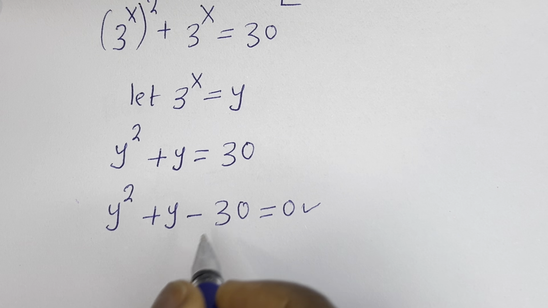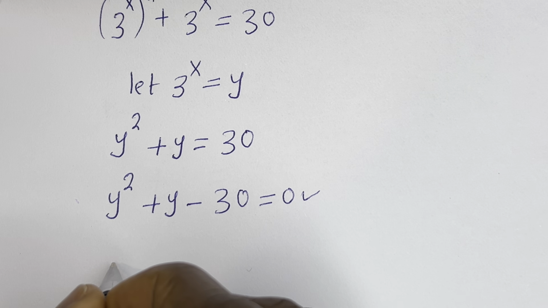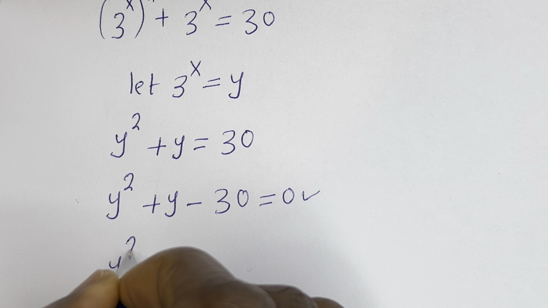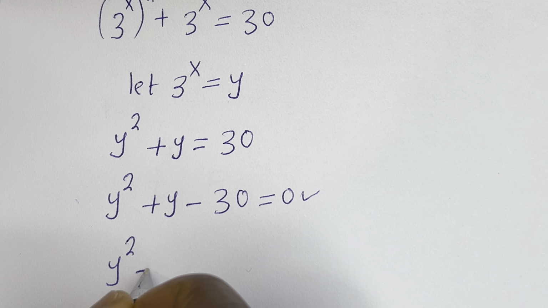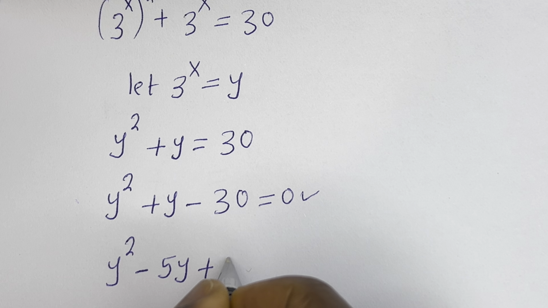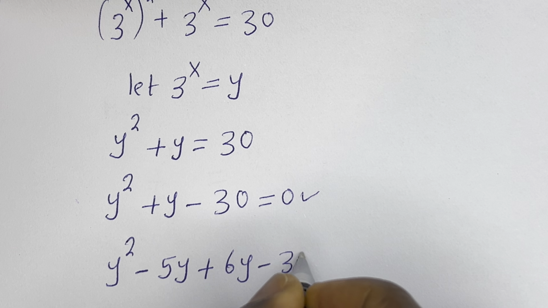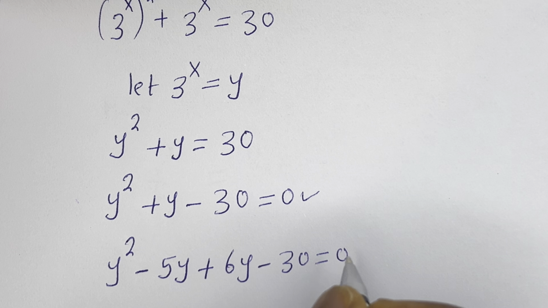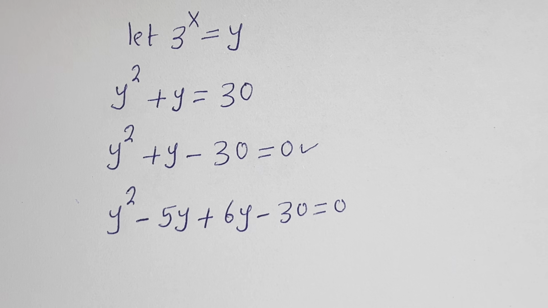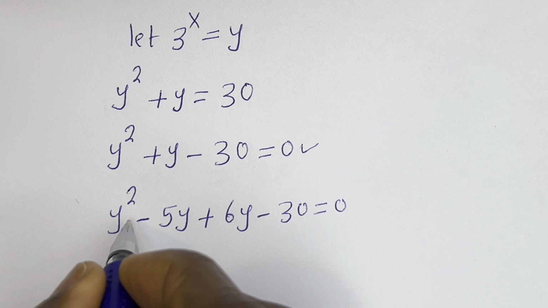Now this can be written as y squared minus 5y plus 6y minus 30 is equal to 0. Now here, let's factor y out.